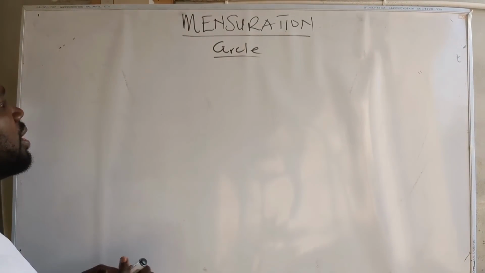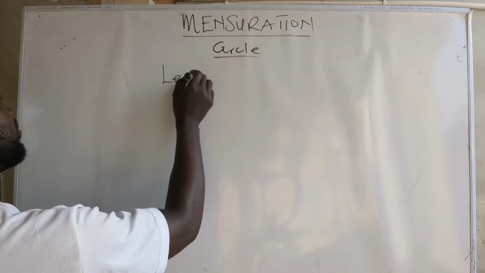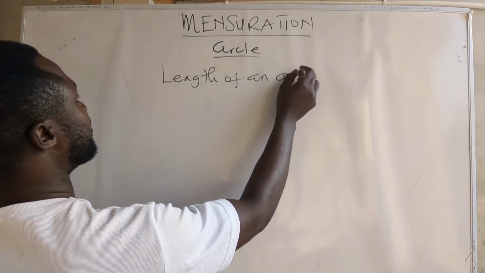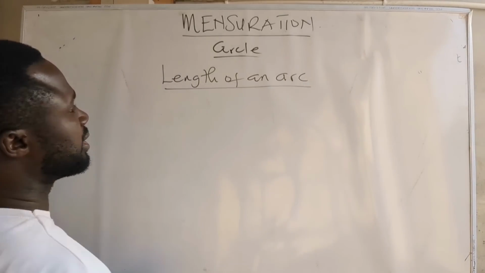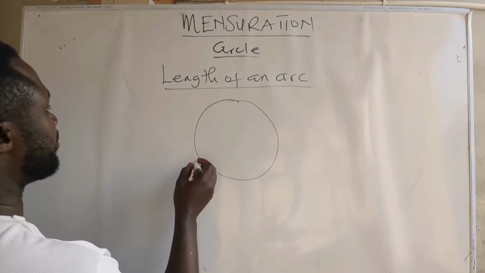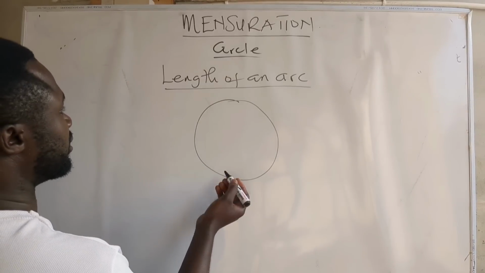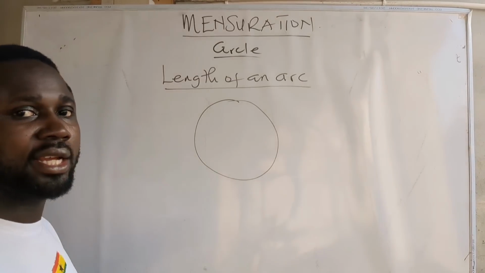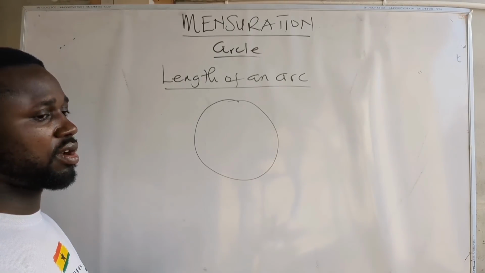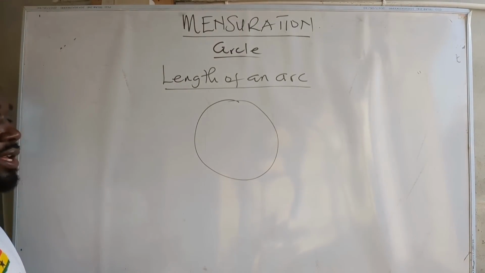Then let's go to the length of an arc. If I have a circle here, what is an arc? An arc is a portion of the circumference of the circle. So we're going to look at the length of an arc.